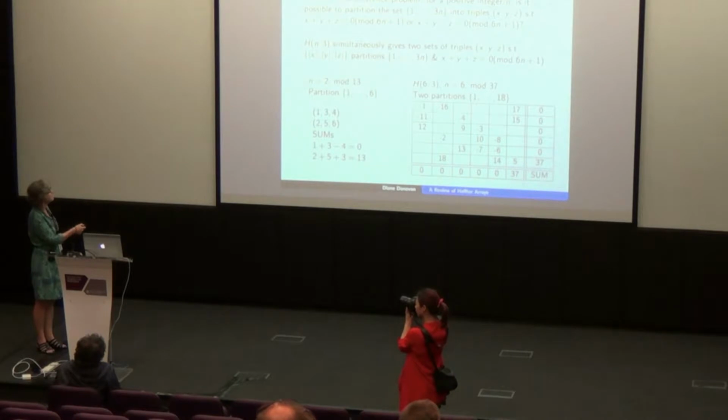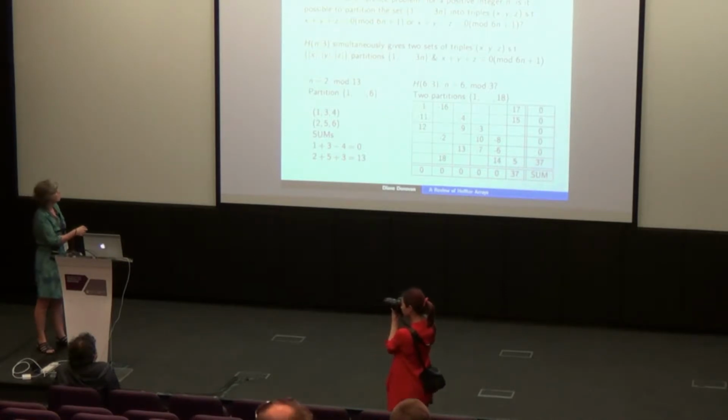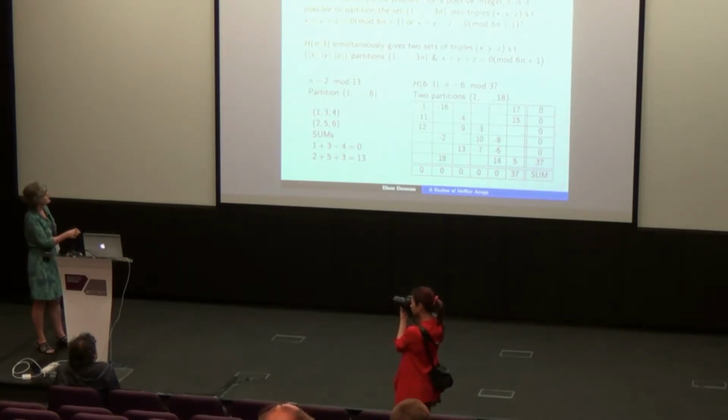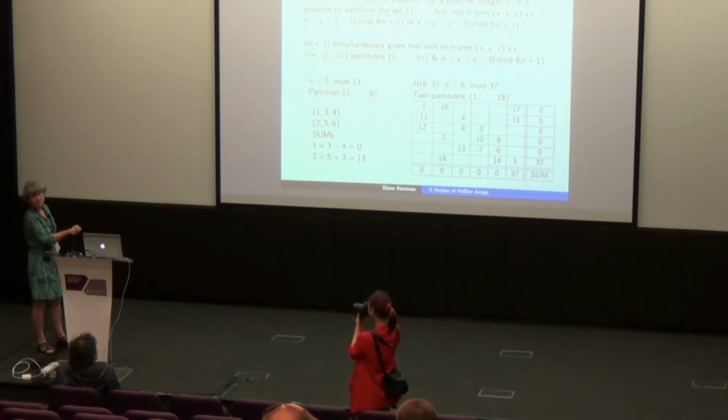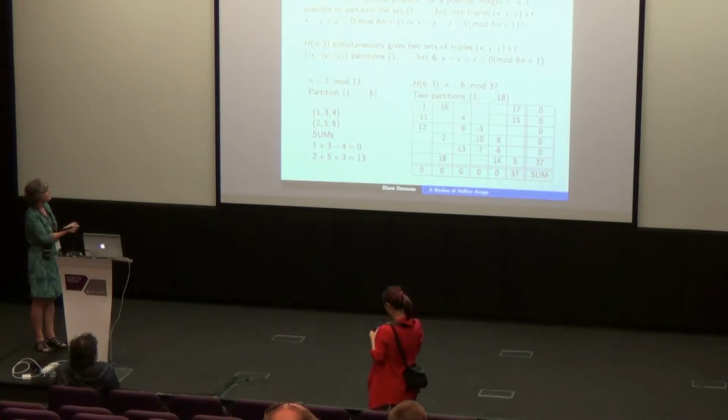Most of us know Heffter's first difference problem, where he said, is it possible for a positive integer n to partition the set 1 to 3n into triples, such that those triples have this property: the sum of the 3 entries is 0 modulo 6n plus 1, which is double 3n plus 1, or the sum of two of these is equal to the third entry modulo 6n plus 1. So that was Heffter's first difference problem.